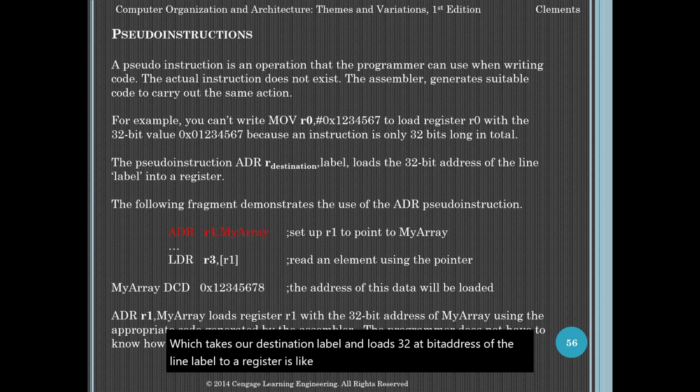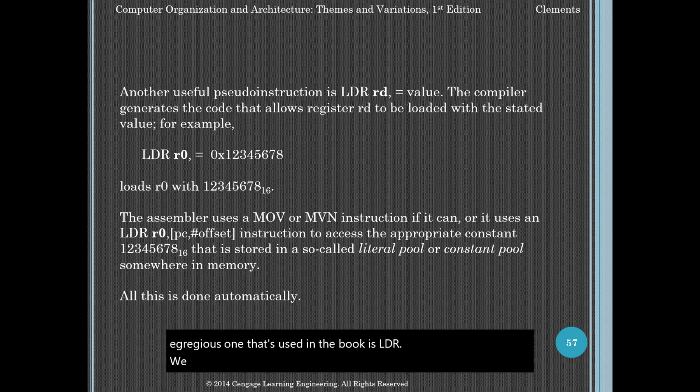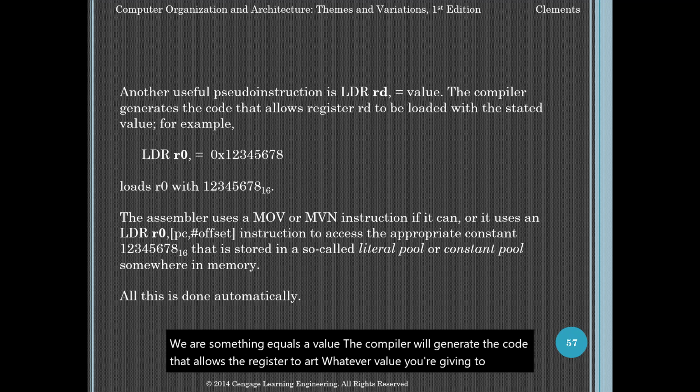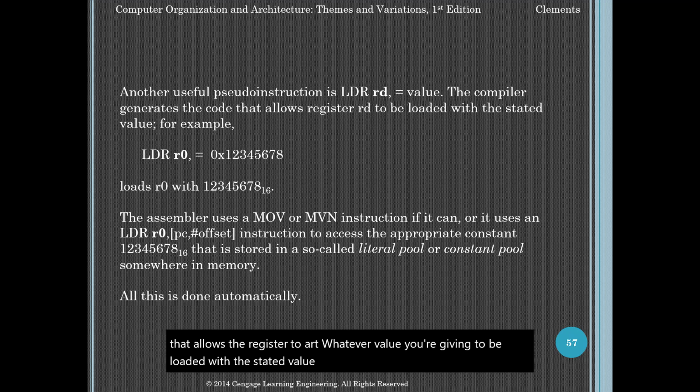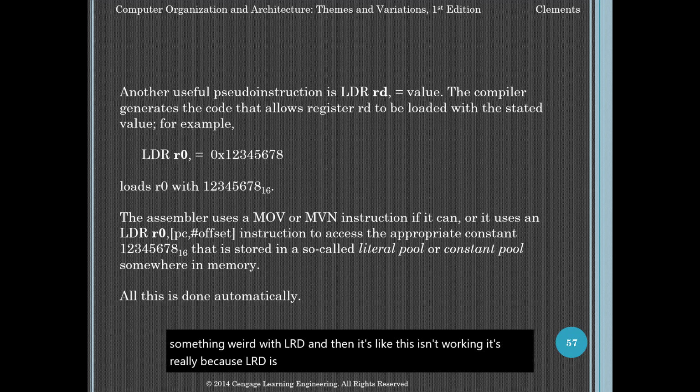You'll find a lot of these pseudo instructions, and probably the most egregious one used in the book is LDR. LDR something equals a value. The assembler will generate the code that allows the register to be loaded with the stated value, but LDR in this form is not a real instruction. The assembler is going to use MOV or MVN if it can. So if you do something weird with LDR and it isn't working, it's really because it's a pseudo instruction, and you may wish to use MOV instead.